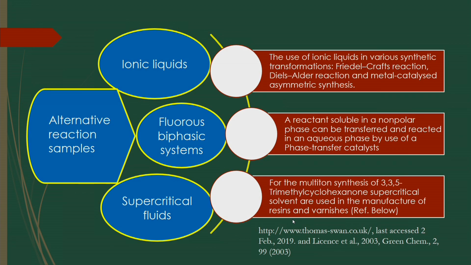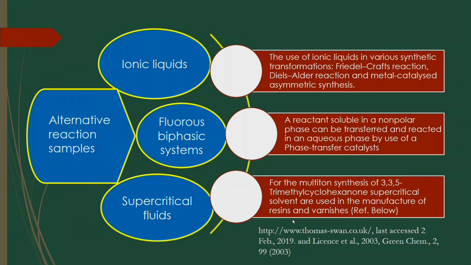Here, like fluorous biphasic systems, the ionic liquids are being used, and sometimes supercritical fluids are being used for process intensification. The use of ionic liquids in various synthetic transformations, like Friedel-Crafts reactions, Diels-Alder reactions, metal catalysis, enzymatic synthesis, these ionic liquids are being used nowadays for process intensification.